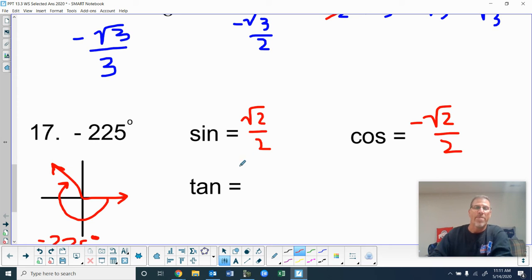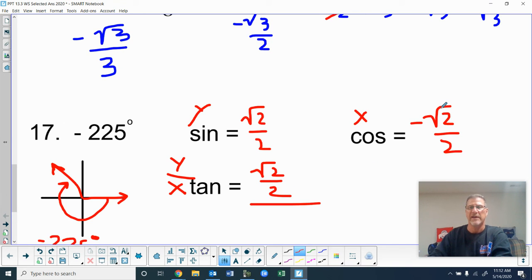All right, so remember, this was the y, this was the x, and tangent is the y over x. So the y, radical 2 over 2, positive, over the x, negative radical 2 over 2. What's something divided by itself? Simple, 1. But a positive divided by negative is negative.